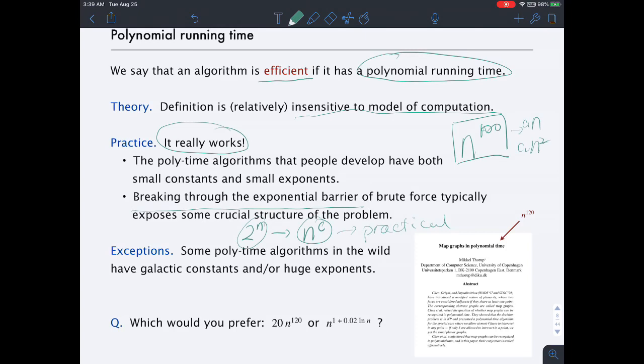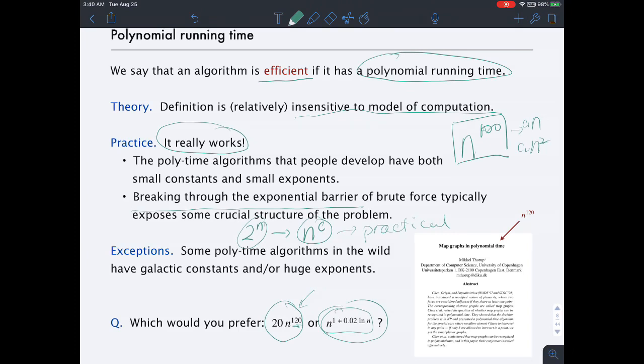So again, there's always a question of whether this kind of definition is really sensible in every single scenario. One of the favorite questions is, if we do have two algorithms, one is a polynomial time algorithm with a coefficient of 1 times n to the 120, and the other one is an exponential time algorithm, but the coefficient is very, very small, right?